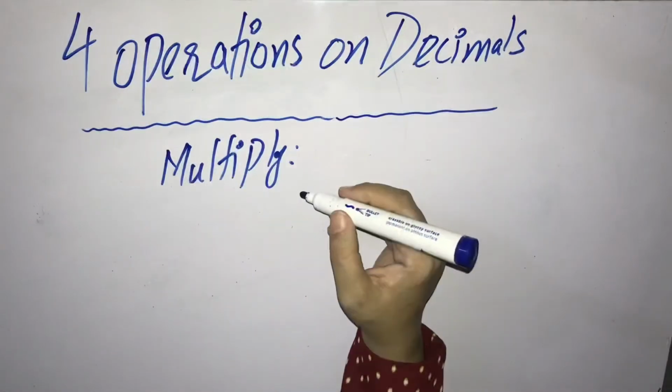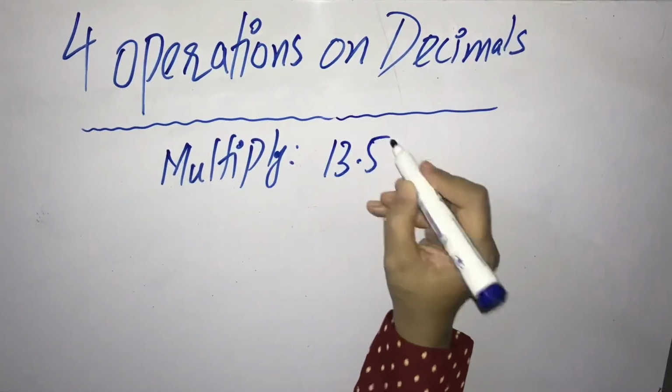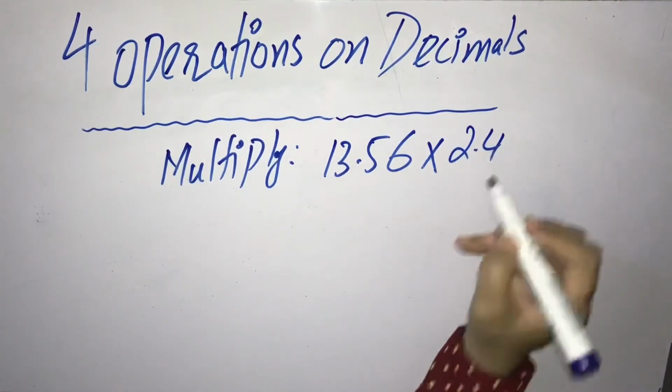The second example about multiplication is 13.56 multiplied by 2.4.